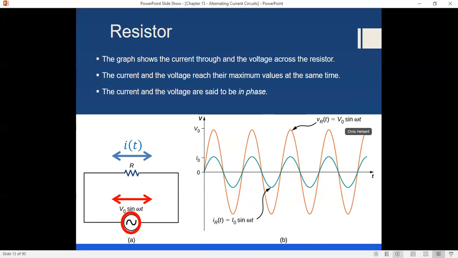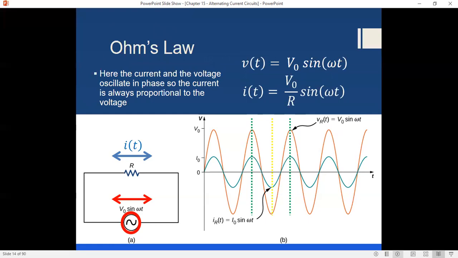All right, so here's my voltage source. That's what this is doing right here. Here's my current. That's what it's doing right there. The peaks line up with the peaks, valleys line up with the valleys, and my maximum current is just my maximum voltage divided by the resistance. Nothing complicated right there. All right.